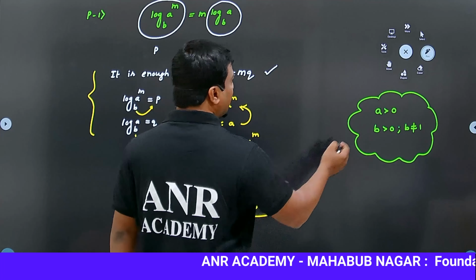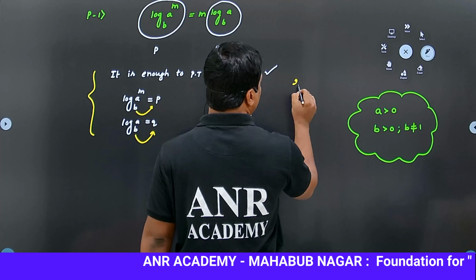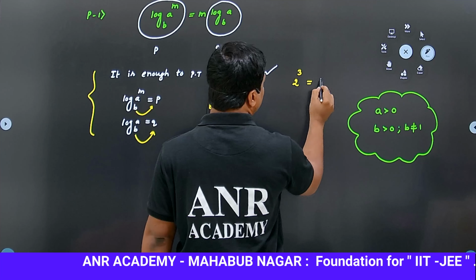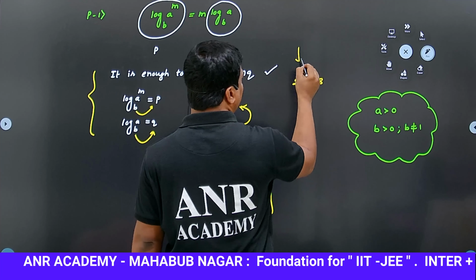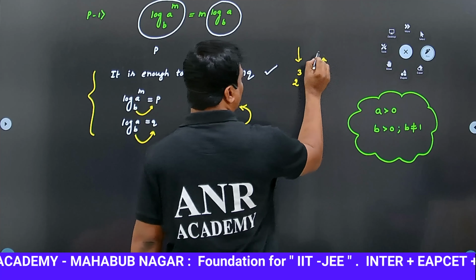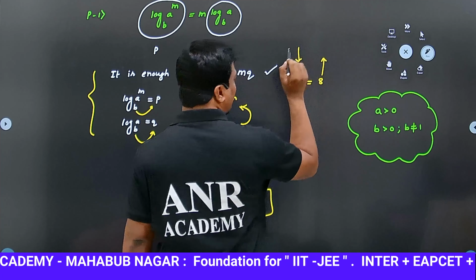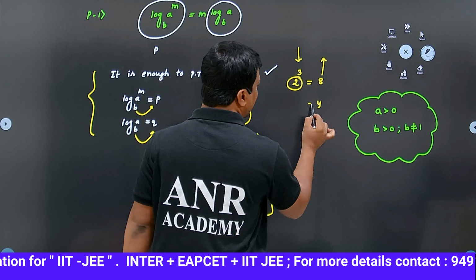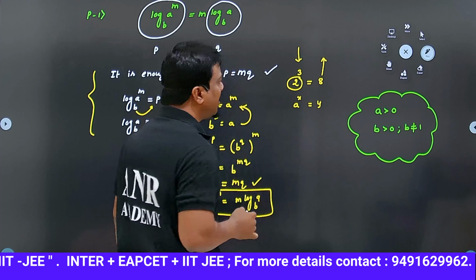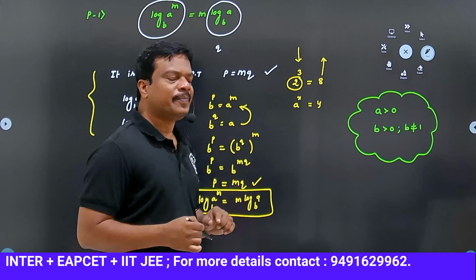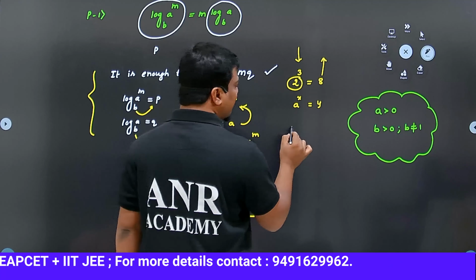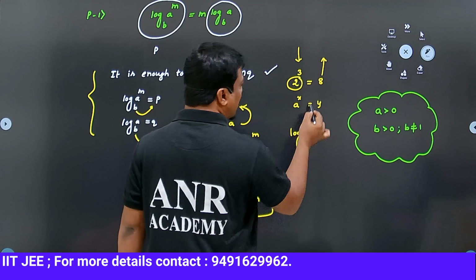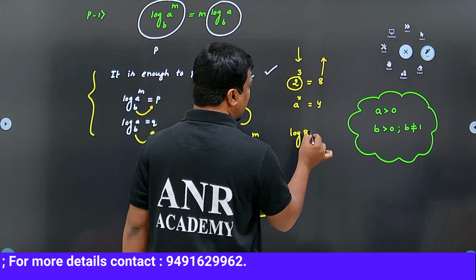Remember, suppose 2 power 3 is equal to 8. Here 2 power 3 is the input to the exponential, and here the base value is 2. It is like y equal to a power x model, x input, y output. Since the logarithmic function is the inverse of exponential, the inverse of this can be written as log 8 to the base 2, that is 3.